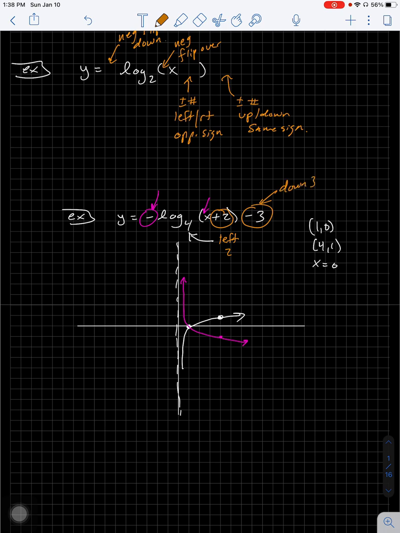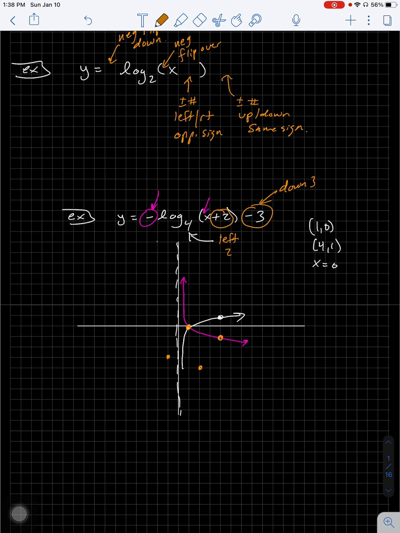So I'm taking this pink graph, and I'm taking care of my marked points, my starting points. Those are the ones that I'm going to be looking at to be accurate on your drawing. And you're going to go left 2 and down 3. Left 2, down 3. And the asymptote also goes left 2, down 3.